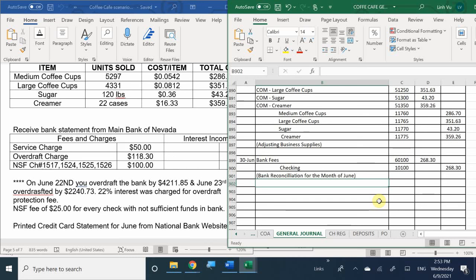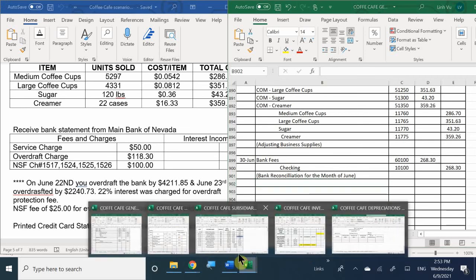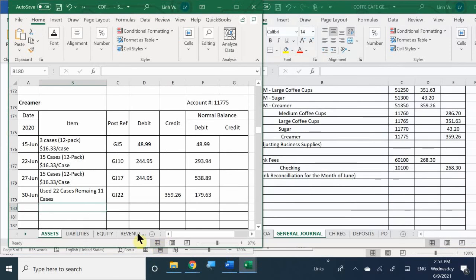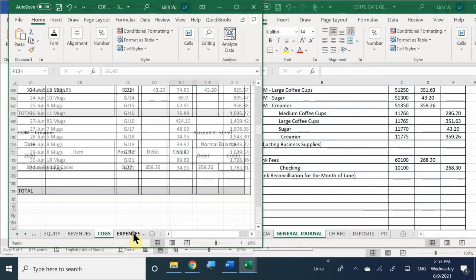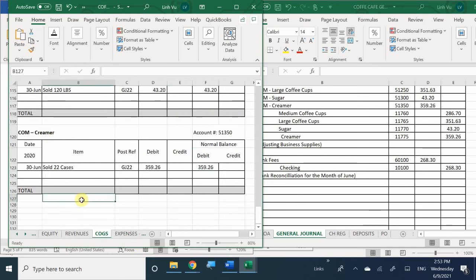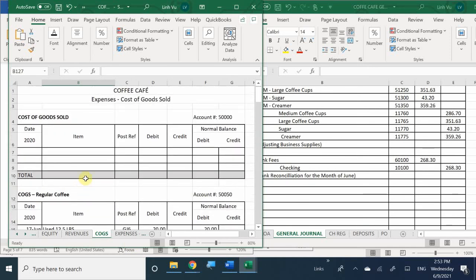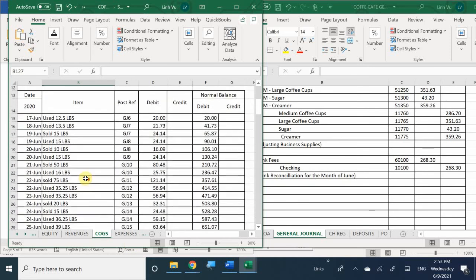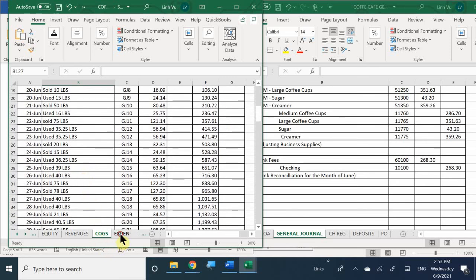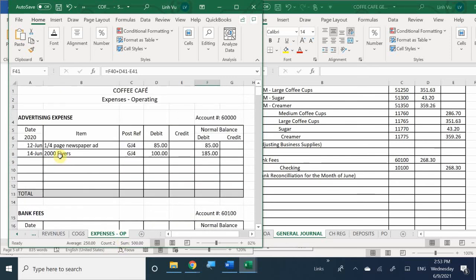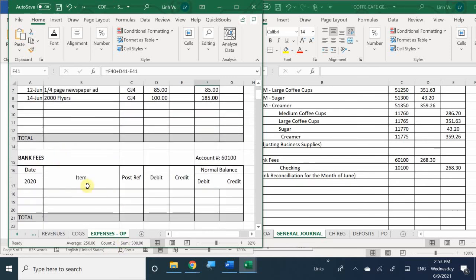So therefore, what do we need to do next? Ledger, expenses. Here we are.